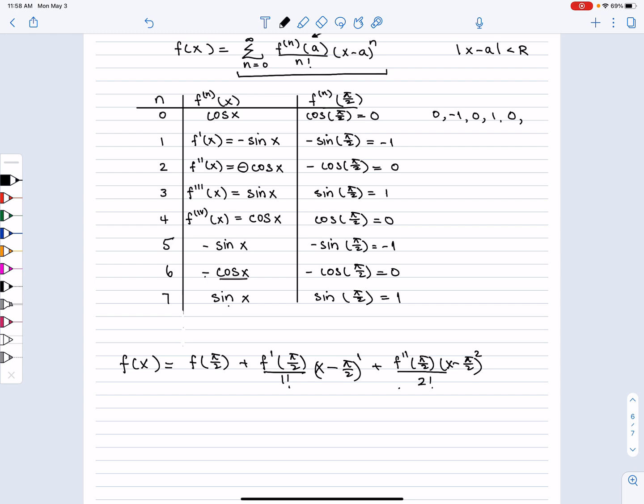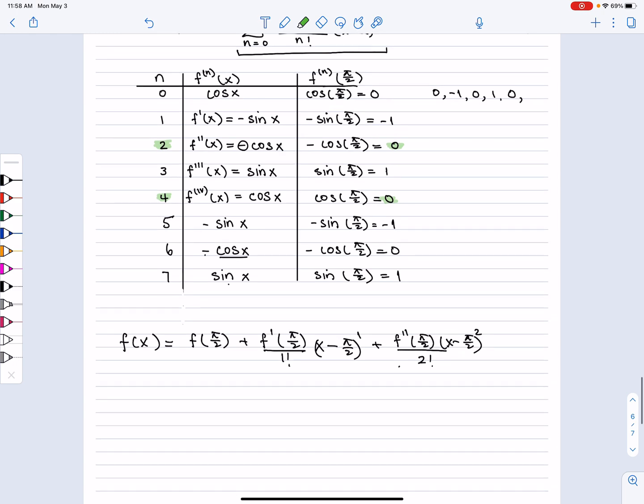But I want to remind you that when n is 2, the coefficient will be 0. When n is 4, the coefficient will be 0. When n is an even number in general, then the coefficient will be 0. So you see, when n is 0 up here too, then f evaluated at pi over 2 will be 0.